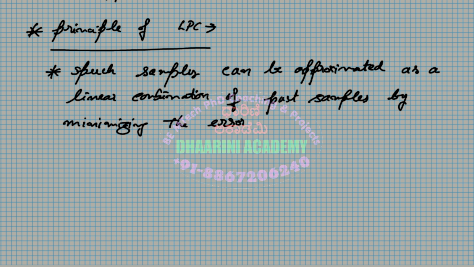All right. So my point was, how do you identify? In order to do whatever we mentioned in the previous point, it can be done by minimizing the sum of the squared differences between the actual sample and the predicted sample, right?